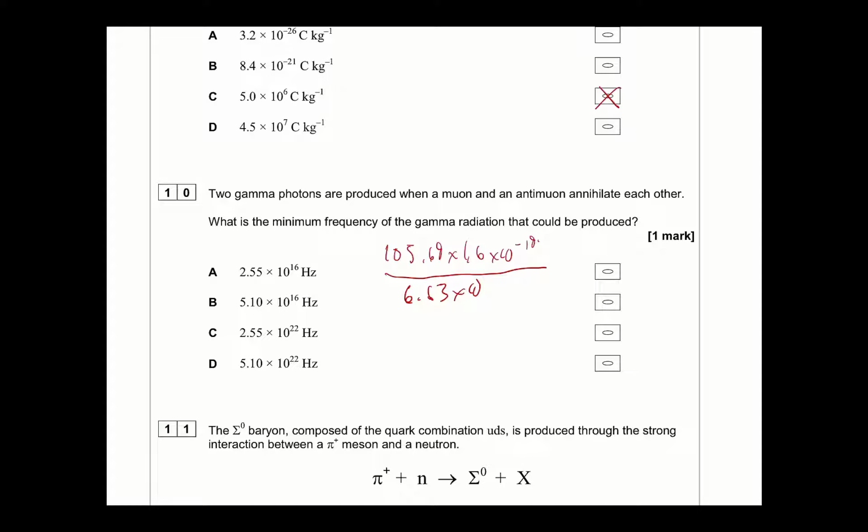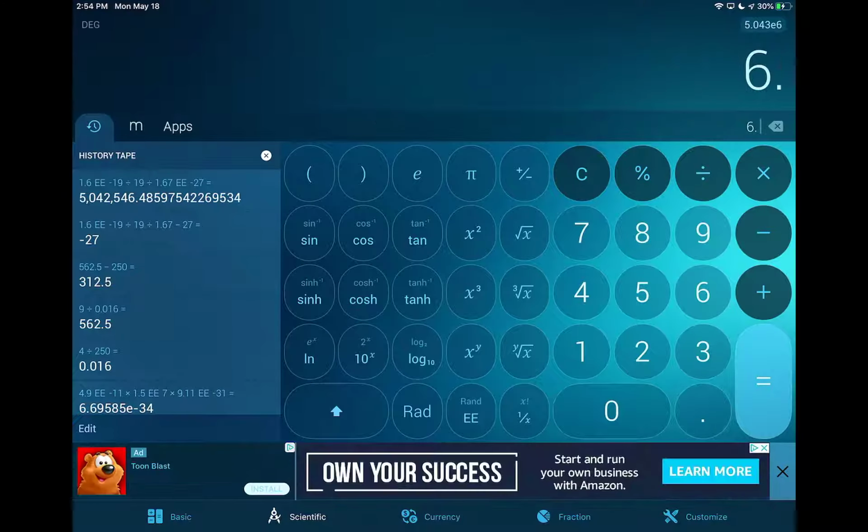Oh, why can I not? This is 10 to the minus 34.